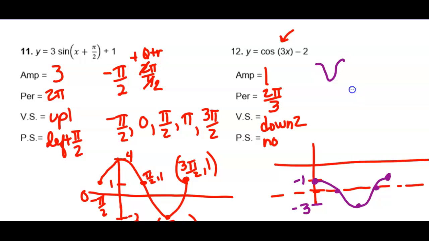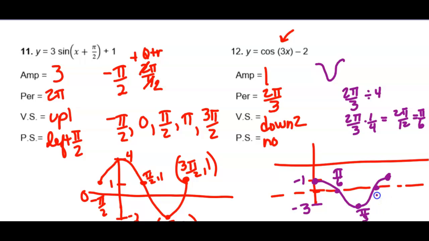All right, but when you have a period of 2 pi over 3, you have to divide that by 4 to find the quarter points, which would become 2 pi over 3 times 1/4, or 2 pi over 12, which is really pi over 6. So this would be pi over 6. This would be 2 pi over 6.